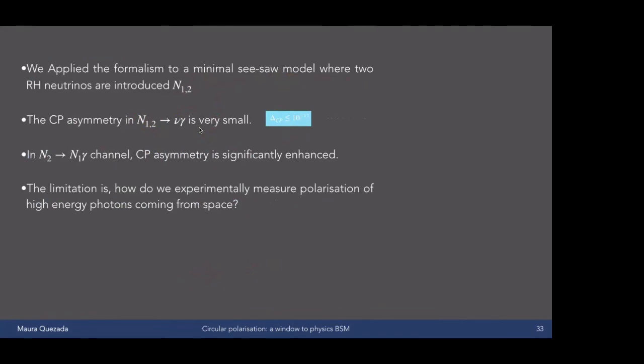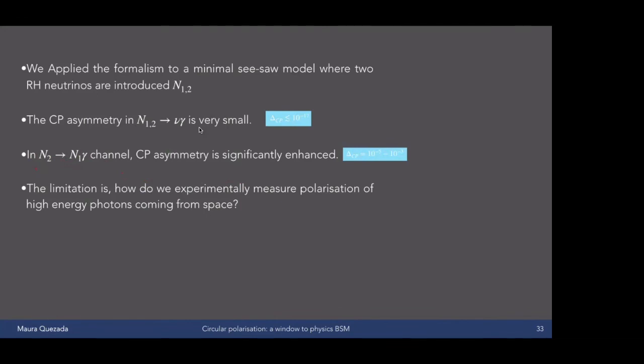In the case of the heaviest right-handed neutrino decaying into the lighter right-handed neutrino channel, CP asymmetry is significantly enhanced. We can obtain from 10 to the minus 5 to 10 to the minus 3, with a branching ratio that is still very small, of the order of 10 to the minus 10.